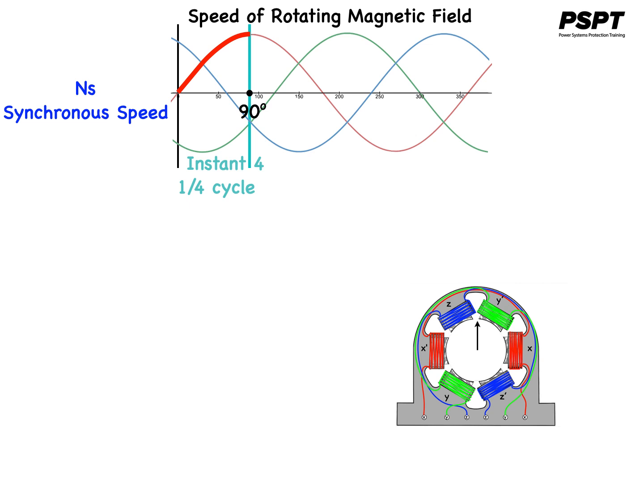During this 1/4 cycle, the rotating field has rotated through 90 degrees. If we were to carry on in equal increments, by time increment number 16, we would have gone through one complete cycle of the supply from the origin. The rotating field would have completed one revolution.